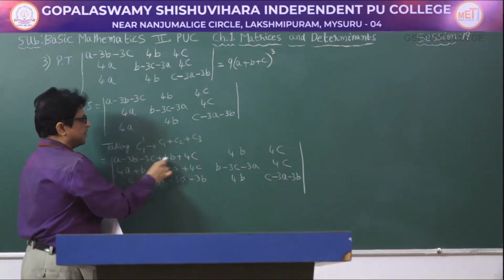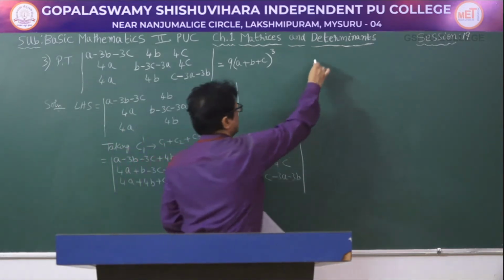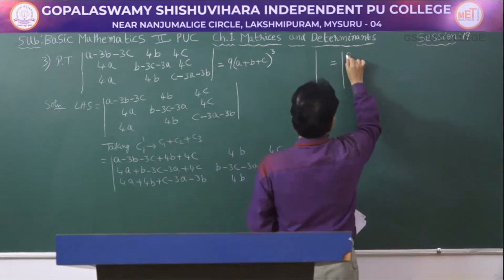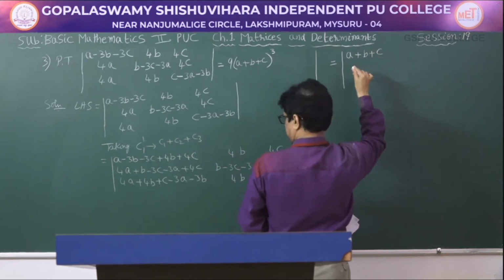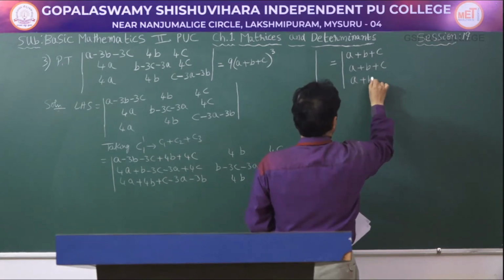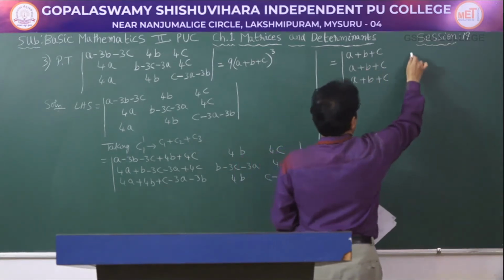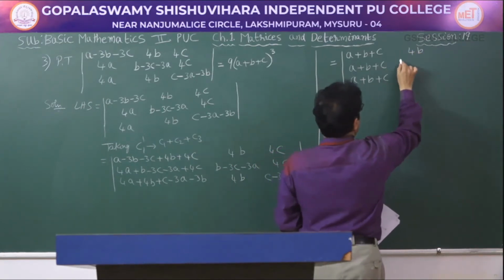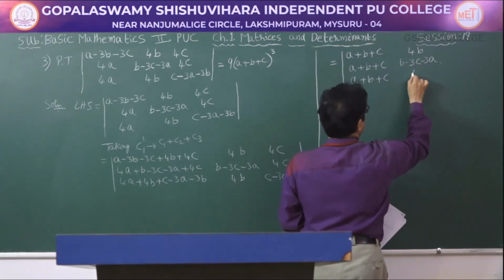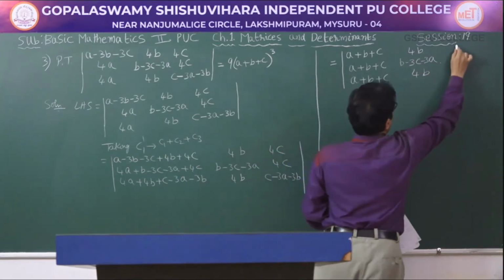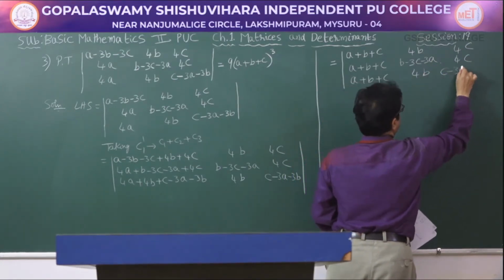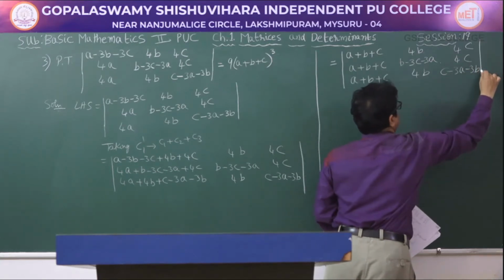So, if we add all the elements in the first column, we will get A plus B plus C. So, that will be equal to determinant of A plus B plus C, A plus B plus C, A plus B plus C. Next column will be 4B, B minus 3C minus 3A, 4B, and the next column will be 4C, 4C, C minus 3A minus 3B.